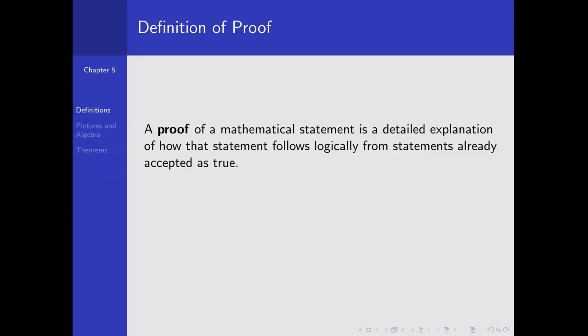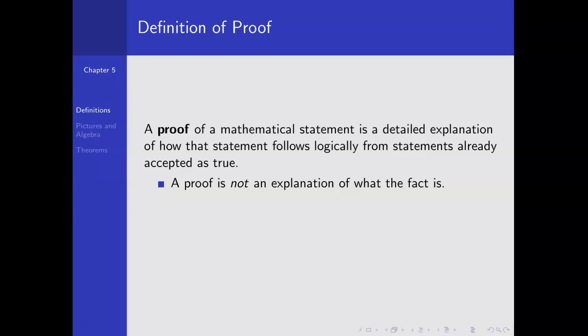Now, let's just talk about proofs again for a minute to understand what we're doing here. So a proof of a mathematical statement is a detailed explanation of how that statement follows logically from statements already accepted as true. So a couple of points here. A proof is not an explanation of what the fact is.